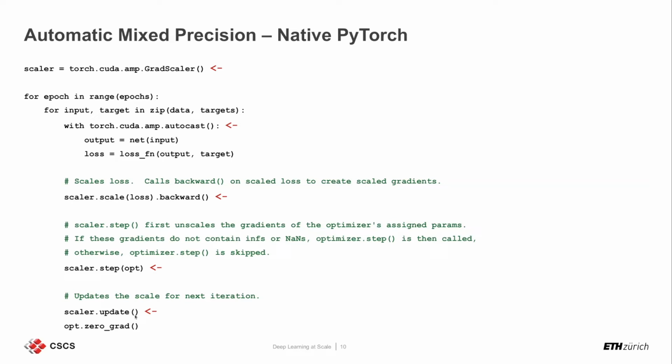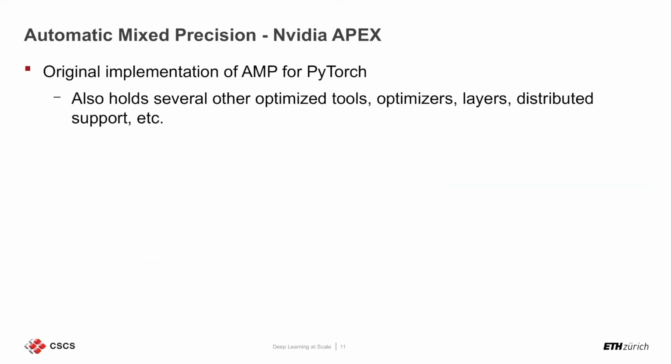And the update can then automatically find if it should go up or down. So you have to add those 5 lines on your train loop, and you're done pretty much. We're going to see it in the hands-on notebook later on as well.